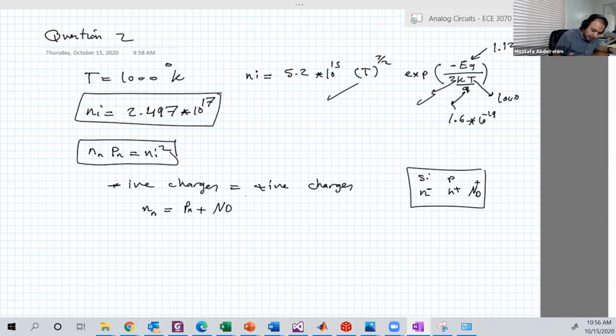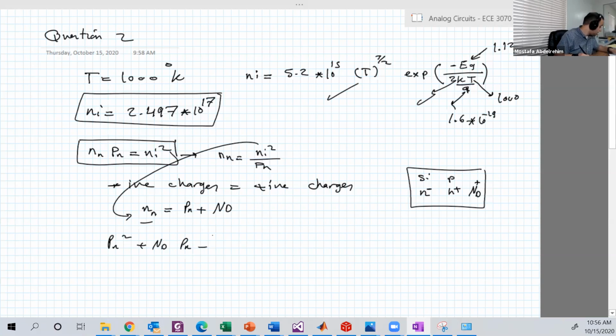Okay, and from that equation here, you can say that Nn equal to Ni square over Pn. So you can substitute with that equation here. Then you will get Pn square plus Nd Pn minus Ni square equal to 0.